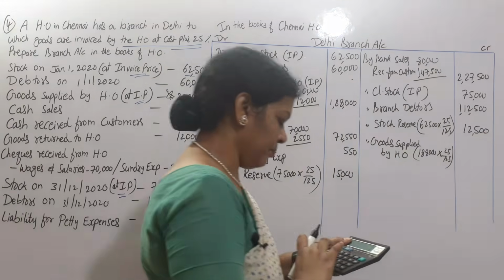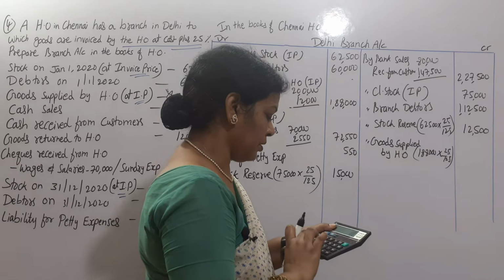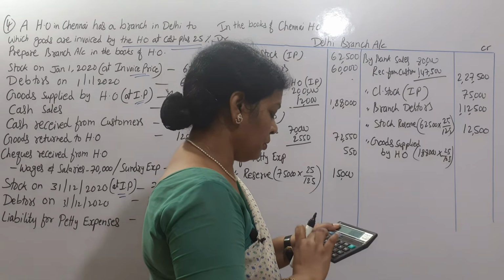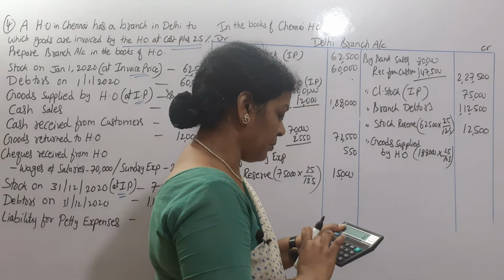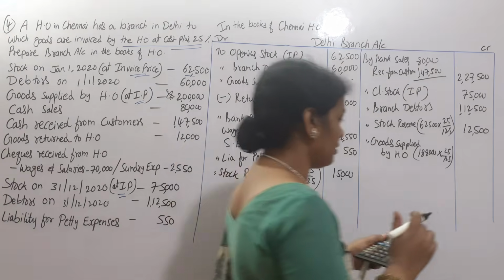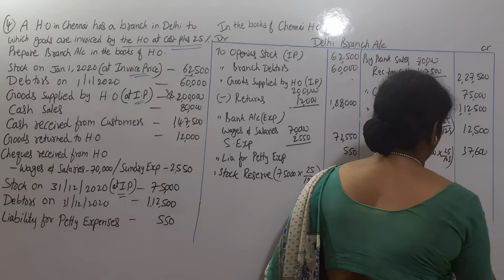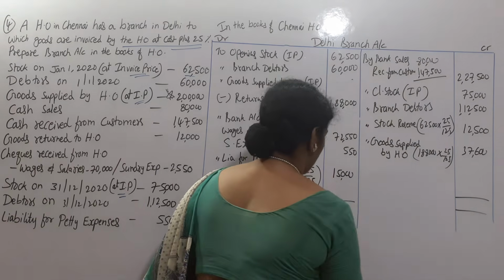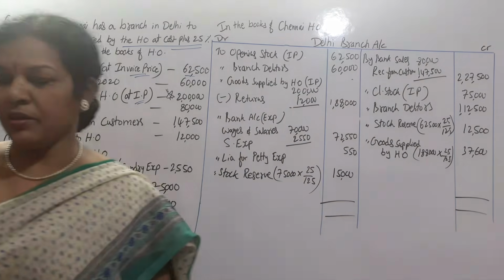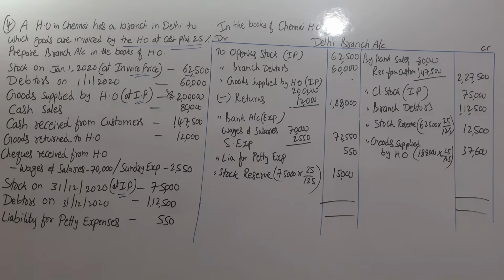And here 1,88,000 into 25 divided by 125, it is 37,600. That's it, over.